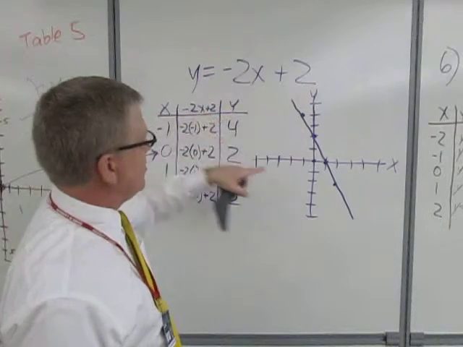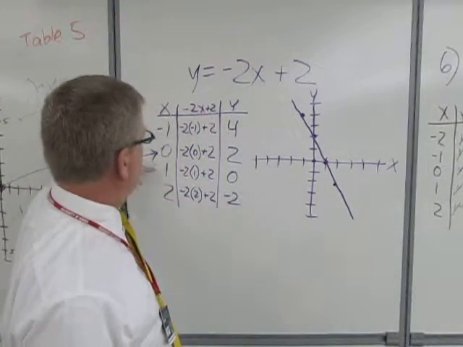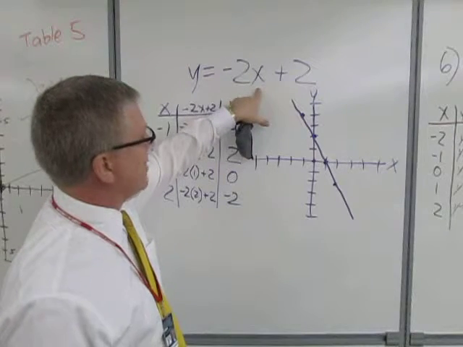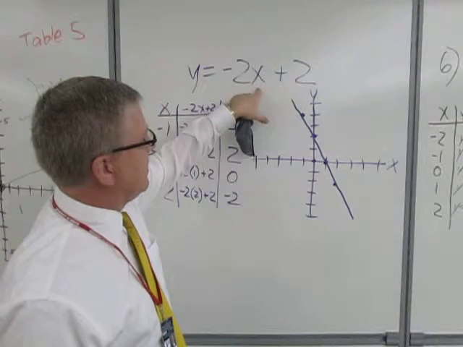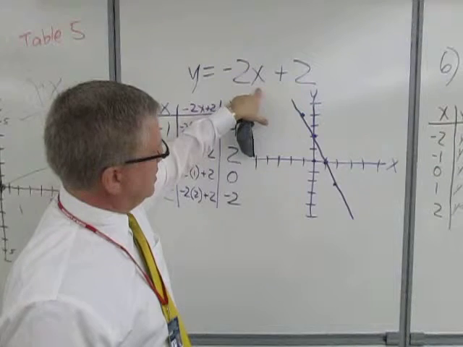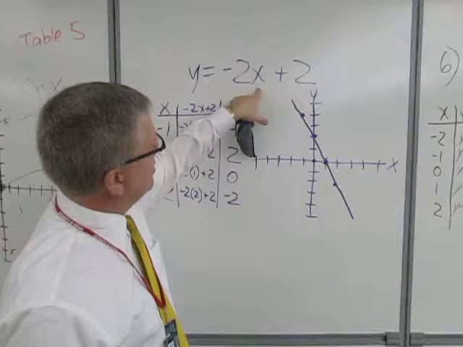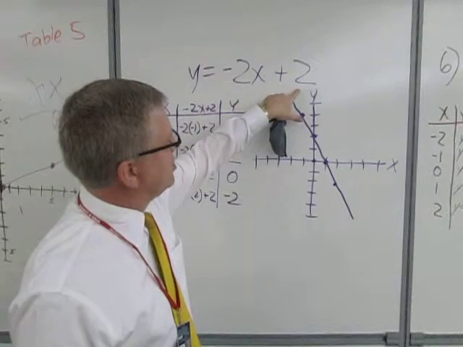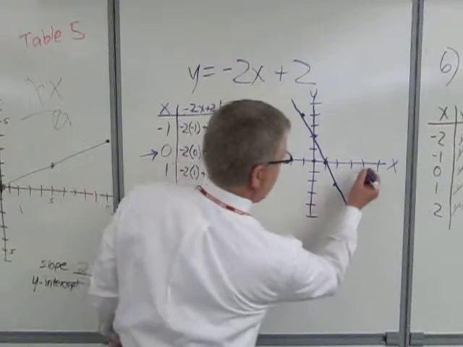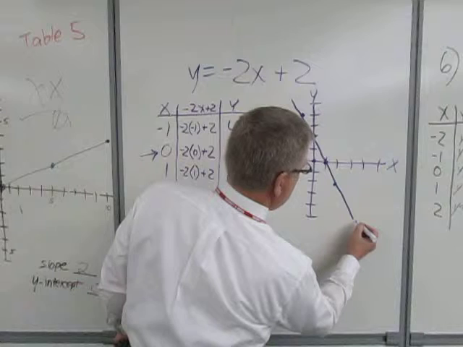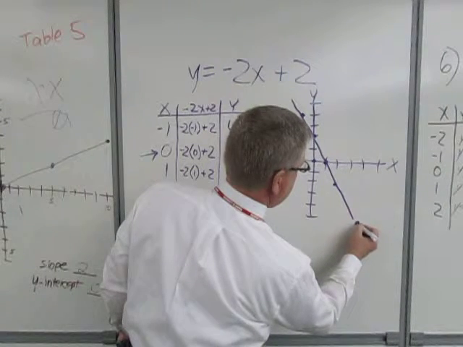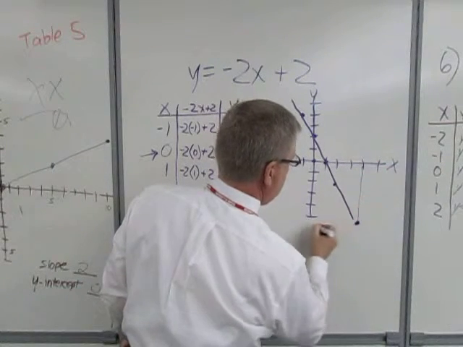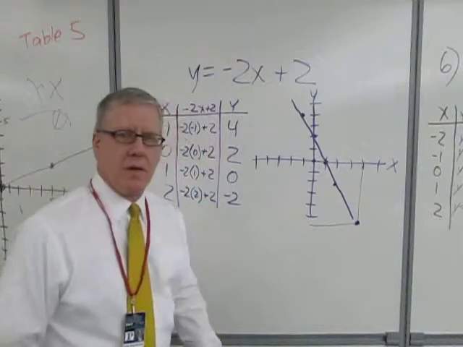Pick out an x value that's going to fit on your graph, and just plug in values for x. We could plug in x equals negative 4. So negative 4 times negative 2 is... negative 4 times 2 is negative 8, plus 2 is negative 6. So when x is negative 4, y is negative 6, which is going to be right down here. Alright, thank you.